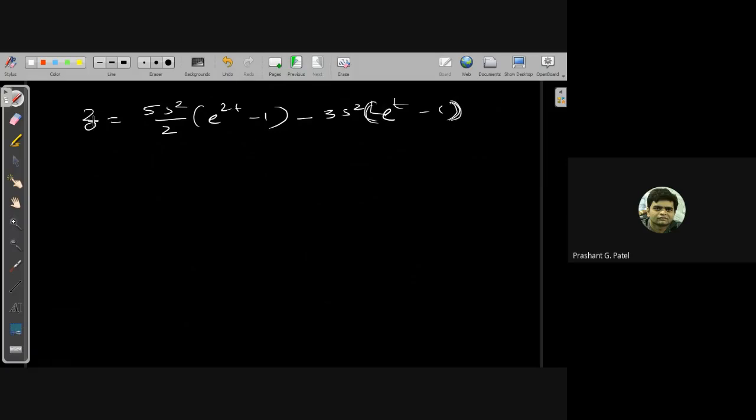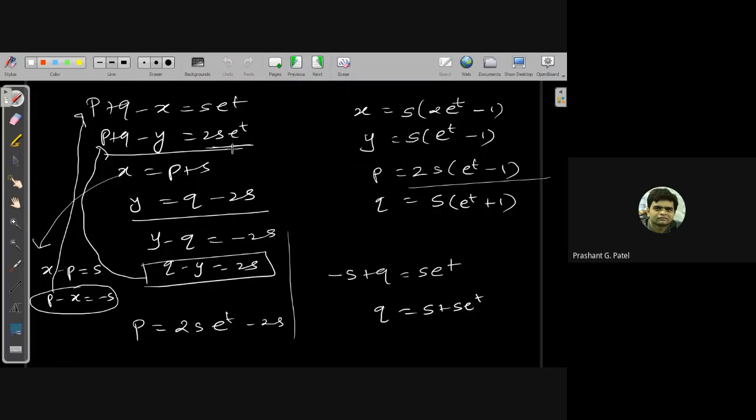Ultimate goal is to obtain this s and t in terms of x and y. So now we have this equation. We got 2 times (e power t minus 1) into s is x. So we'll use this to find out the value of s and e power t.